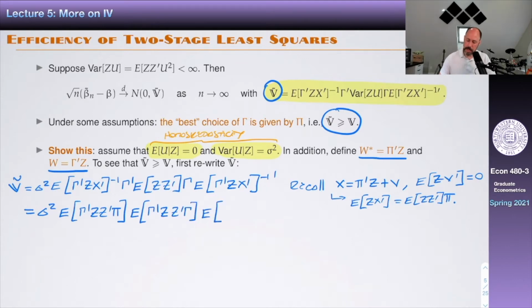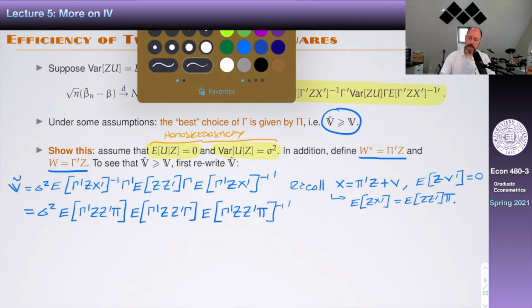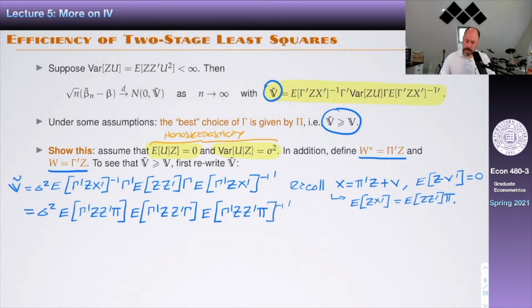And let's do the same trick in the last term. So this is the inverse, prime. And now notice that this object over here is what I called W earlier. This one over here is W star prime. And then you can do the same with the other ones: W W prime, W W star prime.